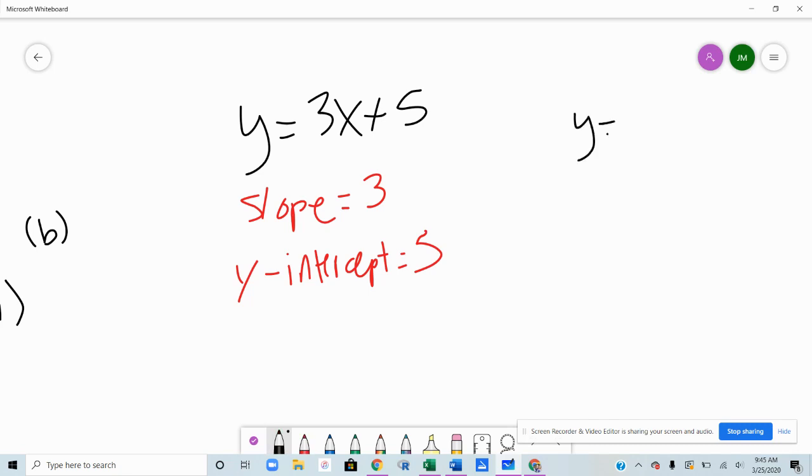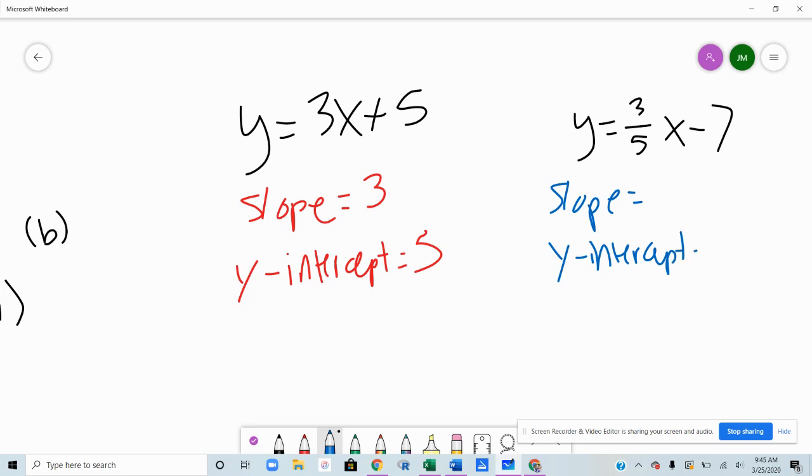What if I give you y equals 3/5x minus 7? Your slope, the number in front of x, is 3/5. Your y-intercept is your constant, which is -7 because of that minus sign.